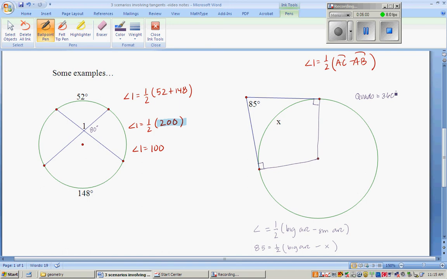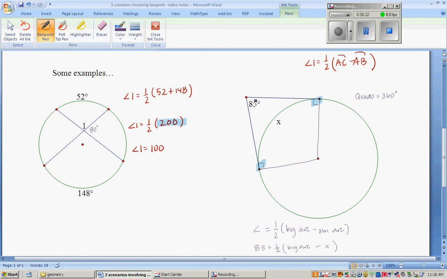So, if you've used up 180 degrees here, how many degrees are left? This will be true of anything that has two tangents going to it. It will always form something called a kite. So you will always have a remainder of 180 degrees left.